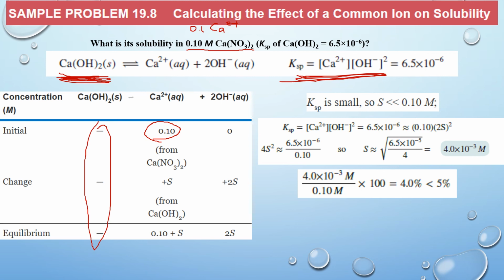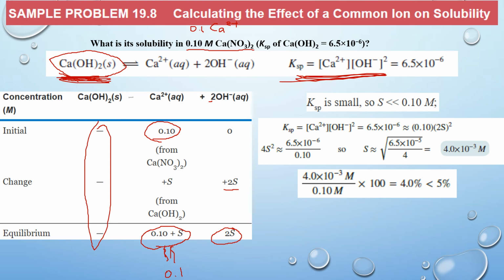The change in this concentration will come from the dissolution of the calcium hydroxide, so the change in concentration is plus S. So the equilibrium concentration is 0.1 plus S. We know this S is going to be very small compared to 0.1, so in our calculation we can assume that 0.1 plus S is approximately equal to 0.1. For the hydroxide, same deal, but because of the coefficient of 2, the change in concentration will be plus 2S, and that will be the equilibrium concentration.